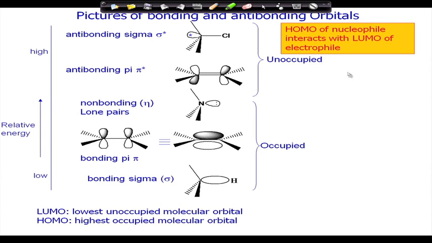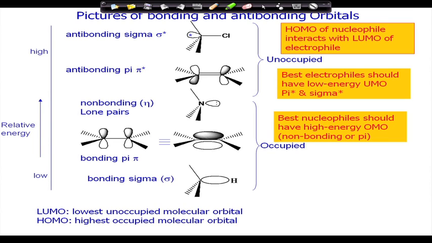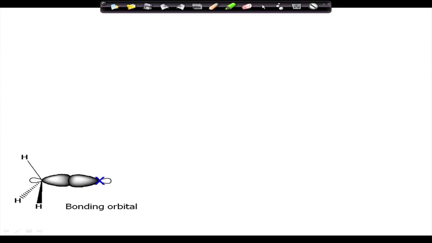Okay. Best nucleophiles should have a high energy HOMO, a non bonding high energy. The lower the gap between the HOMO and the LUMO, the better is the situation, and the reaction will be more facile. Okay.